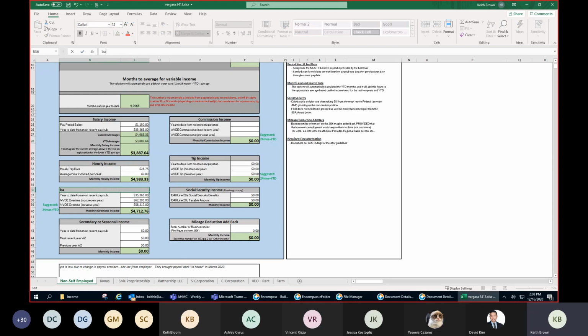I could do base 2 year average, and then I could just change this word to WVOE base, if I wanted to show the underwriter exactly what I'm doing.